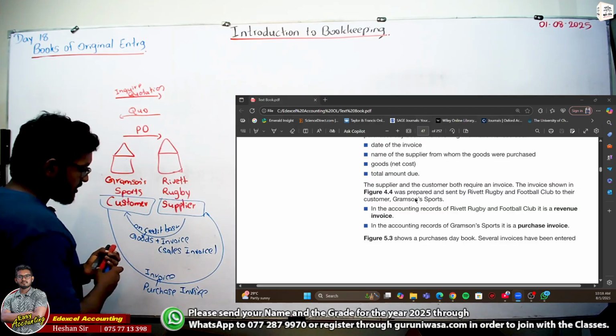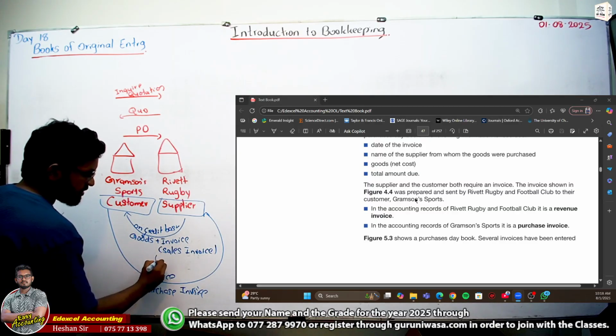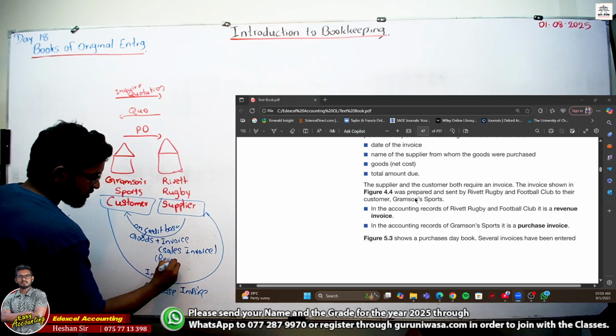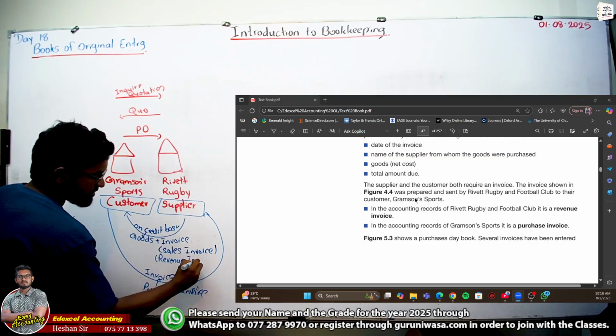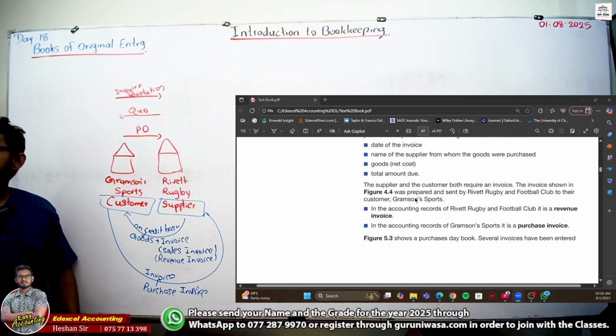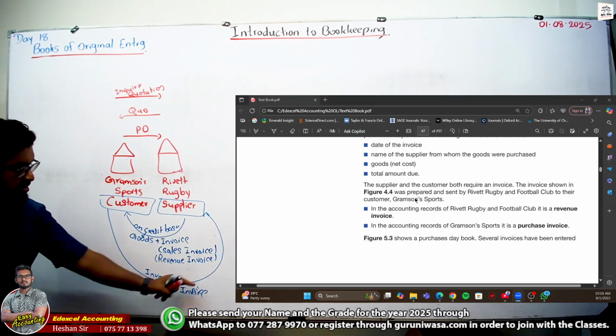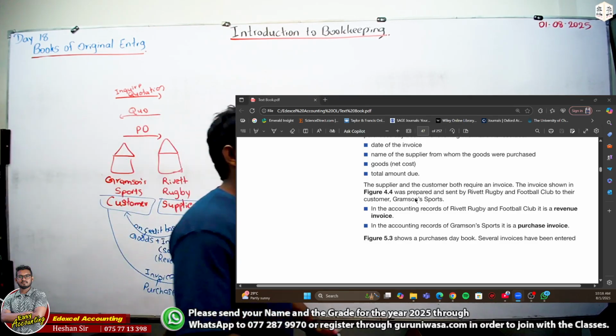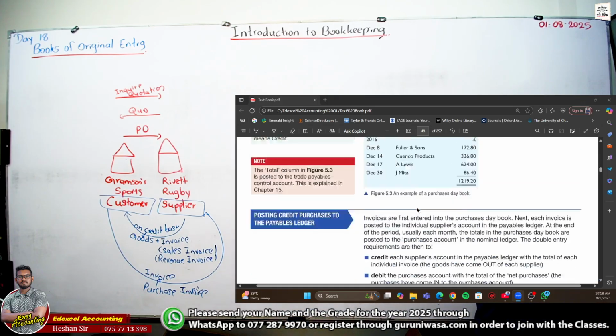Revenue and sales are the same. In the accounting records of Gramson Sports, it's the purchase invoice. Hope it's clear to you.